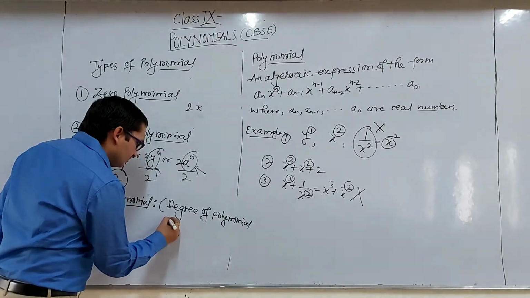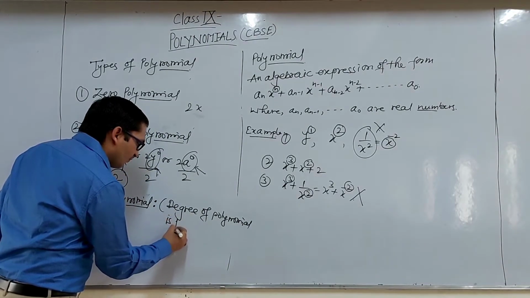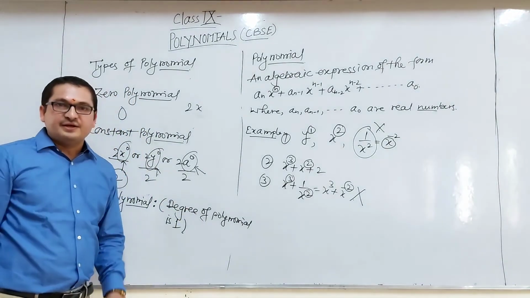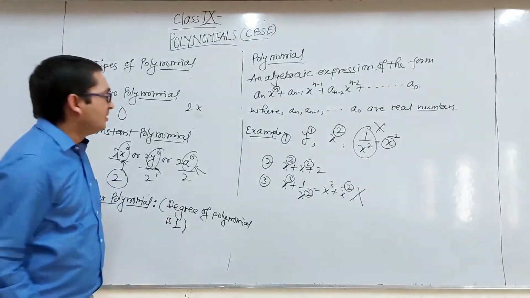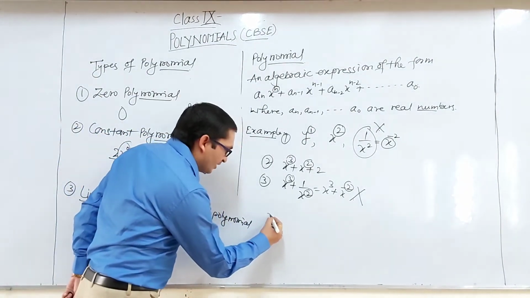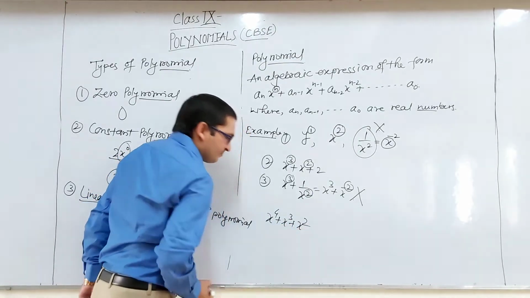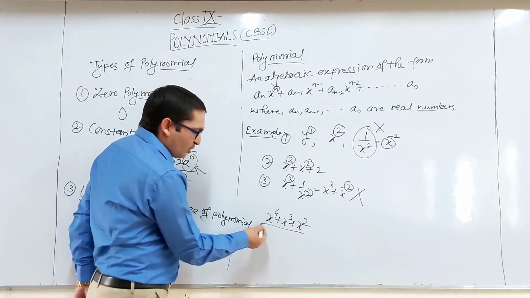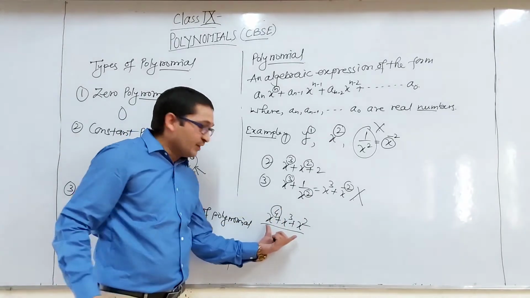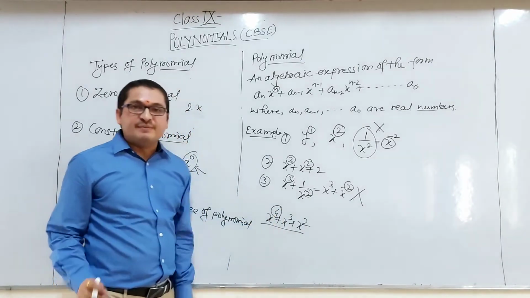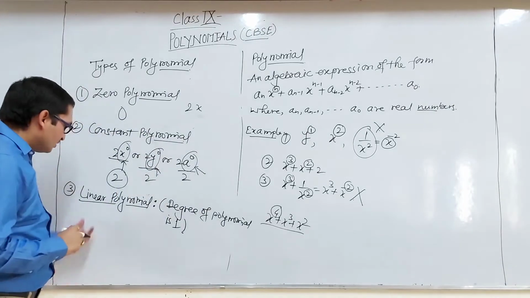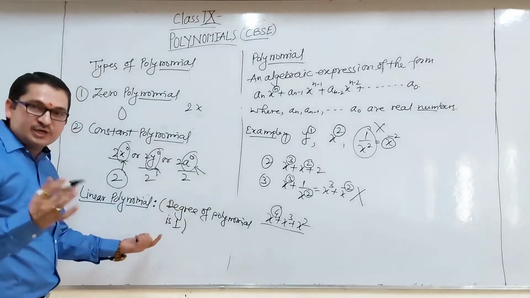What does degree mean? Degree means the highest power of the variable. Suppose I have written x raised to power 4 plus x cube plus x square. What is the highest power of this polynomial? 4. So the degree of this polynomial is 4. So degree means the highest power of the variable. For a linear polynomial, the degree should be 1.